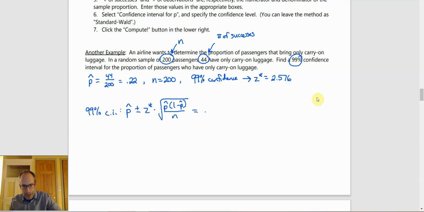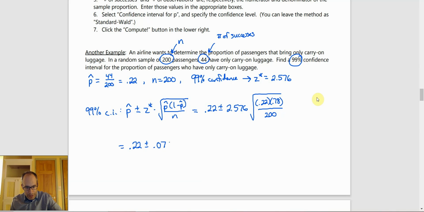So then we're going to have 0.22 plus or minus 2.576 times the square root of 0.22 times 0.78 over 200. And then if you simplify the whole margin of error, using the ANS function and taking square roots and all that sort of thing, you end up with 0.0755 here.